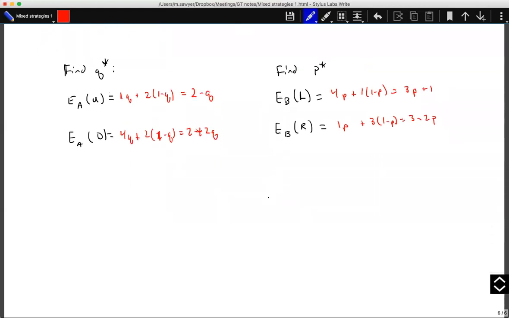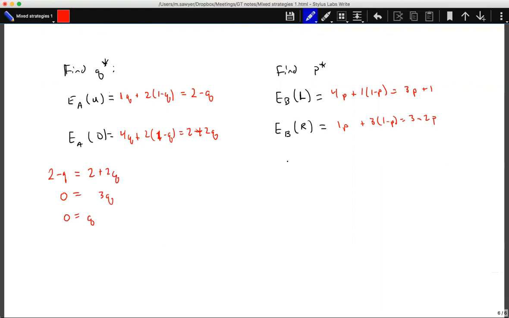Set these equations equal to each other, so we get 2 minus Q equals 2 plus 2Q. So move the Q over, so 3Q. Move the 2 over equals 0. So Q has to equal 0. This is okay, our probability can be equal to 0.